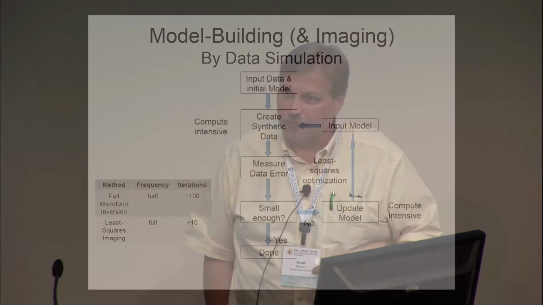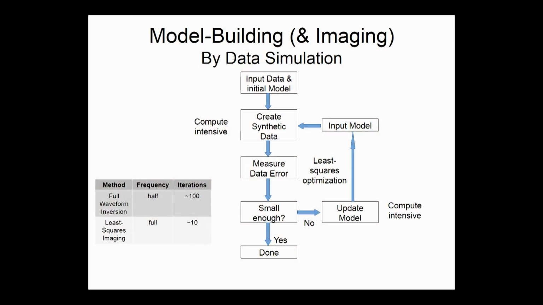But what we're looking at in the future, and what people are starting to use now, is a more automated process where you're doing some sort of least squares optimization.